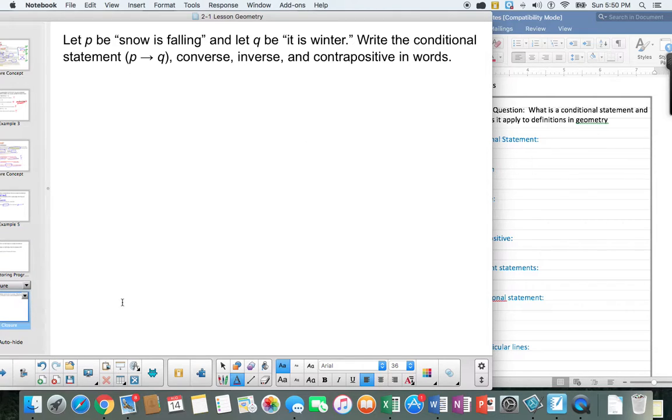Okay, so our last example is, can you take a phrase and write it in all of the ways, the conditional statement, the converse, the inverse, and the contrapositive. So one more time, stop the screencast, see if you can write all four statements, and then resume.